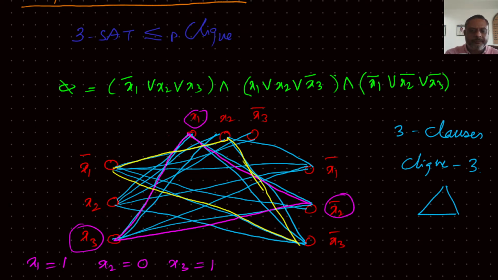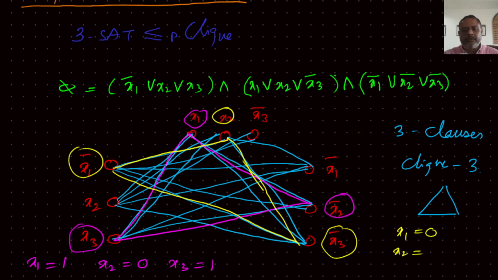That talks about x1 bar, x2 and x3 bar, which says x1 is 0, x2 is 1, x3 is 0. For either combination, there is a clique.